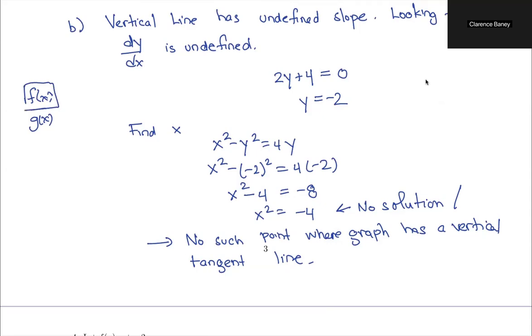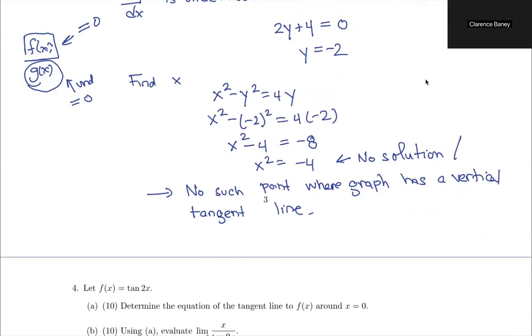And if you want to know where it's undefined, you set the denominator equal to 0. So for this to equal 0, the numerator is equal to 0. For undefined, you set this equal to 0 and you solve for that. And that's going to come up a lot. We're going to have to practice that continually.